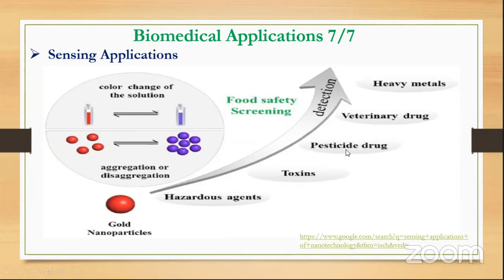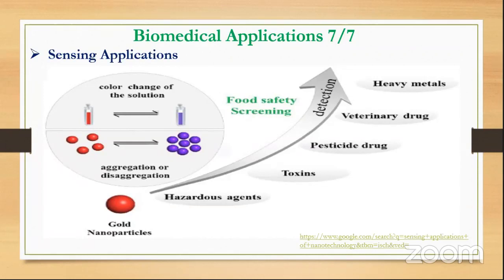Next one, pesticide detection. For example, agriculture people use pesticides. After usage, they release these pesticides near water bodies. The nearby water bodies are contaminated by these pesticides.